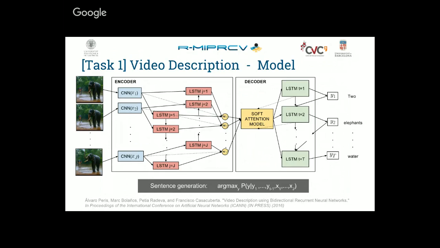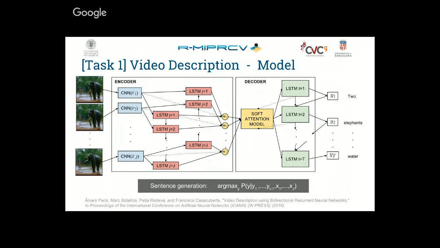This attention model, as I said before, is in charge of combining all the feature vectors into a single one, and this output vector will change at each time step depending on the words that it has generated so far.